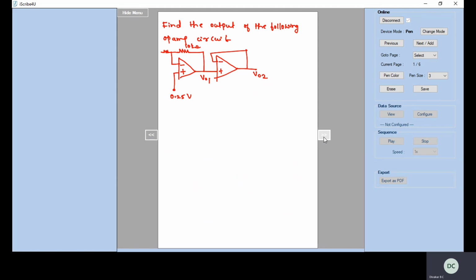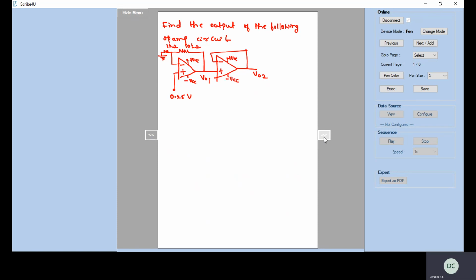This is 10 kilo ohm. This is 1 kilo ohm. It is connected to the ground. Plus VCC, minus VCC. This is plus VCC, minus VCC.